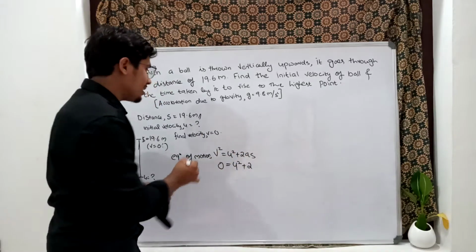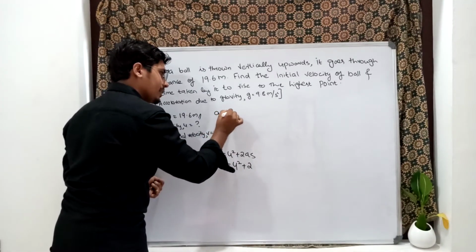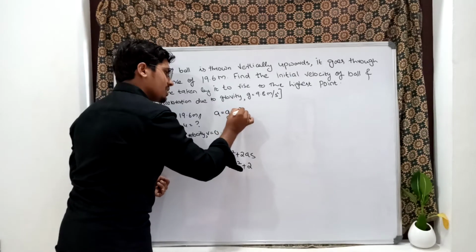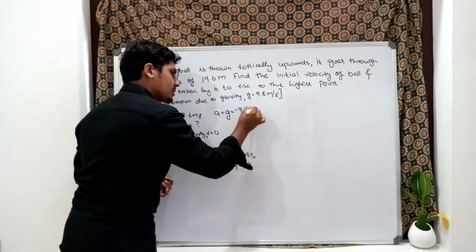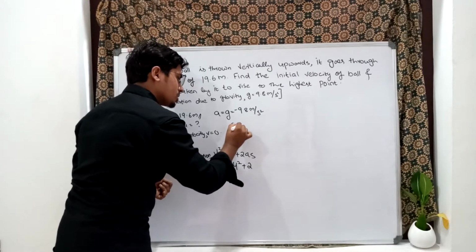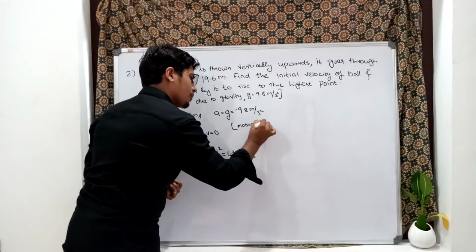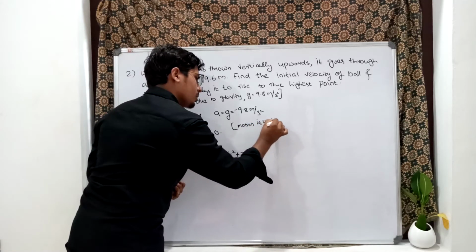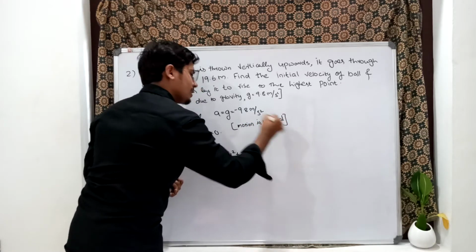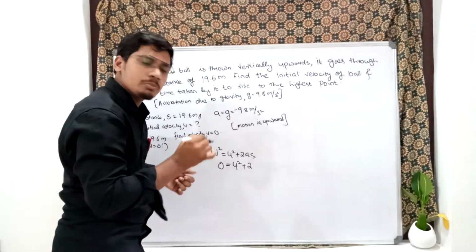The acceleration a equal to g, which is minus 9.8 meter per second square, because the motion is upward. Therefore acceleration due to gravity g equal to minus 9.8 meter per second square.